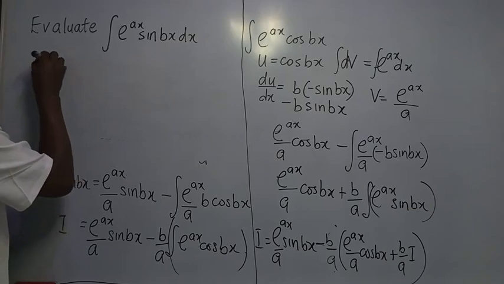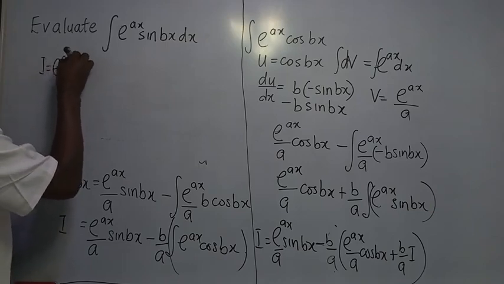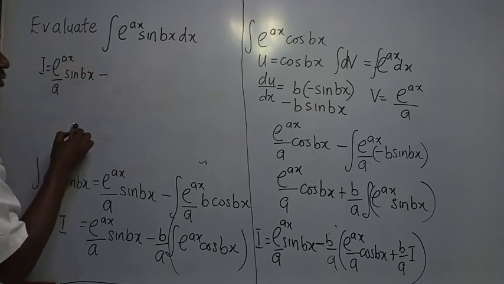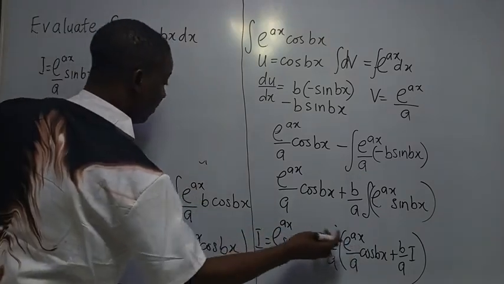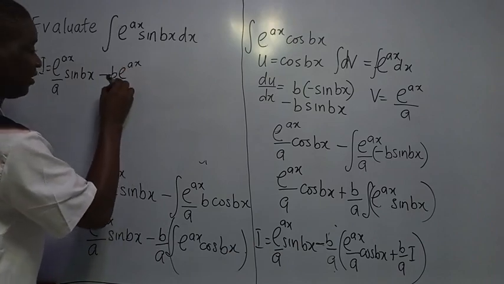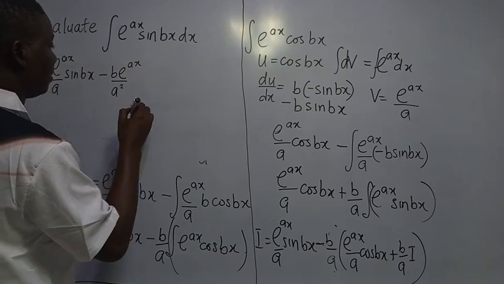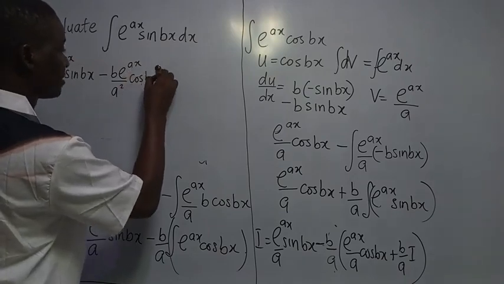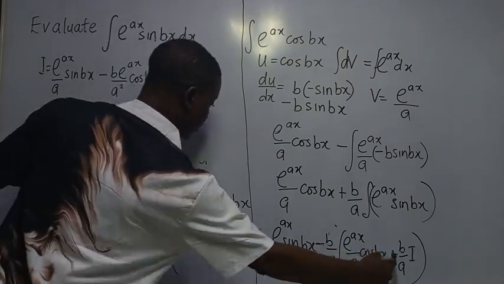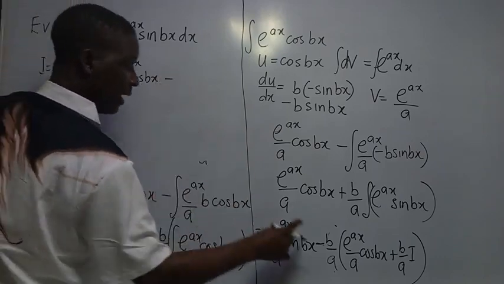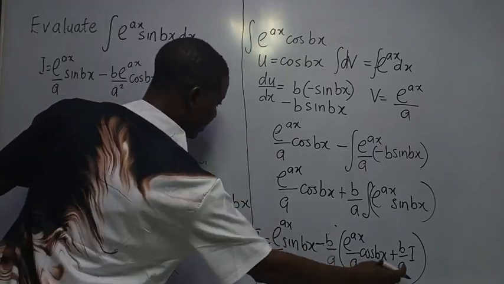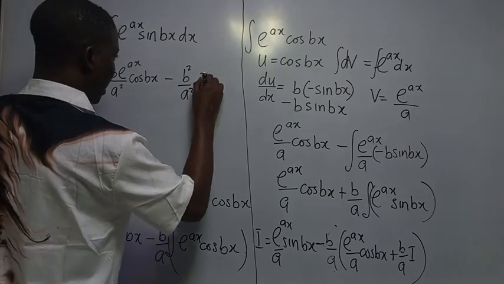I equals e raised to power ax over a sine bx minus, this multiplied by this one will have b exponential ax over a squared cos bx plus, this minus this one will just be minus times plus give us minus. Then b times b gives us b squared over a times a gives us a squared I.